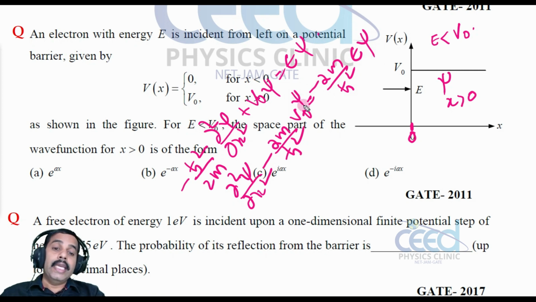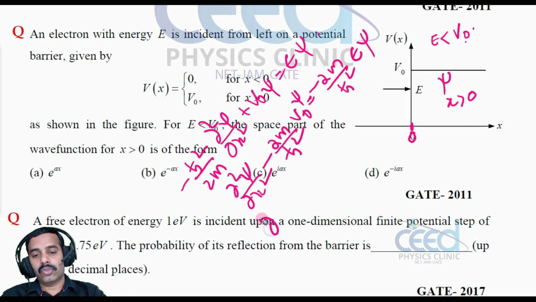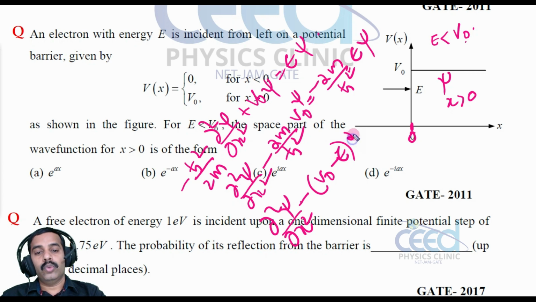Now this condition is E less than V0, that means V0 should be greater. So I can modify this equation: I can take this part to this side and then take this V0 out. That is minus of V0 minus E into 2m by h cross square psi is equal to 0.